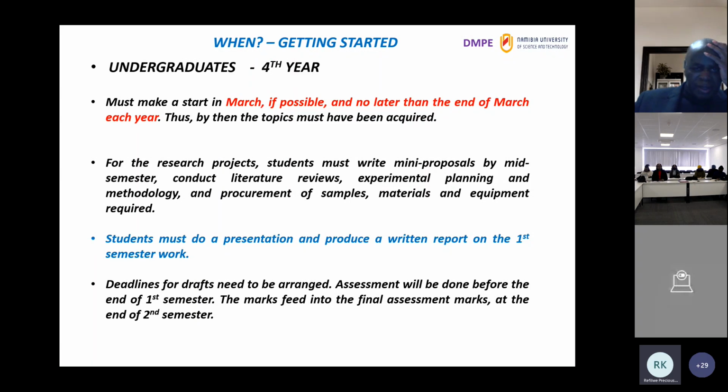For those undergraduate students, you have to develop and write mini proposals by mid-semester of the first semester, conduct literature reviews, do experimental planning and methodology development. Plan for samples so you procure them. Make sure the equipment system for research is available.